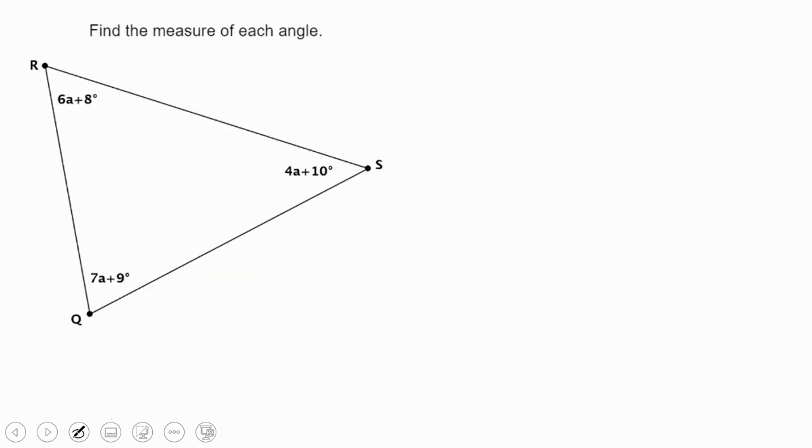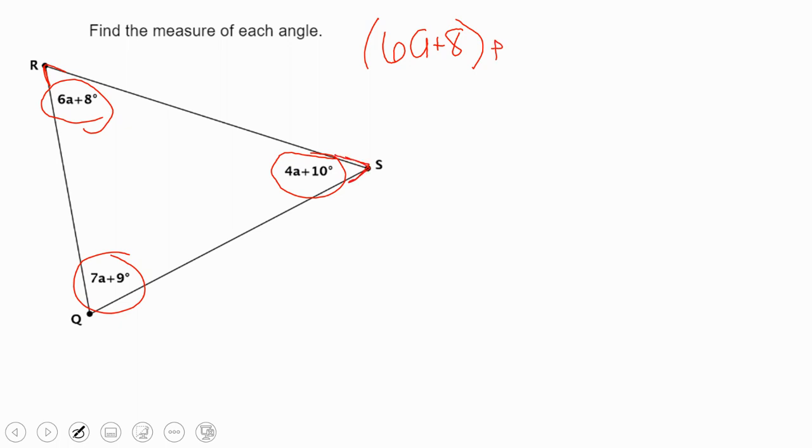Now, you'll also be given problems like this, where you have expressions as the angle measures. Same thing here, these three angles still need to add up to 180. So 6a plus 8, or angle R, plus angle S, which is 4a plus 10, plus angle Q, which is 7a plus 9.